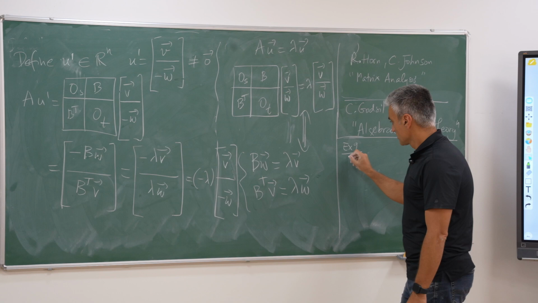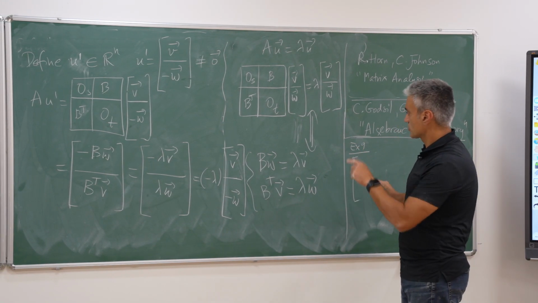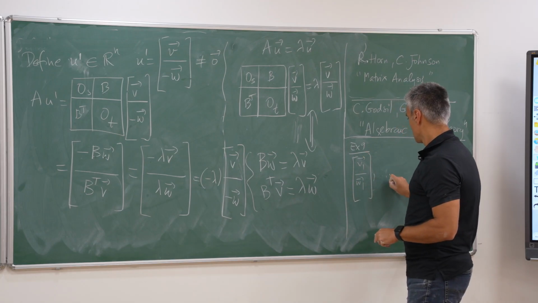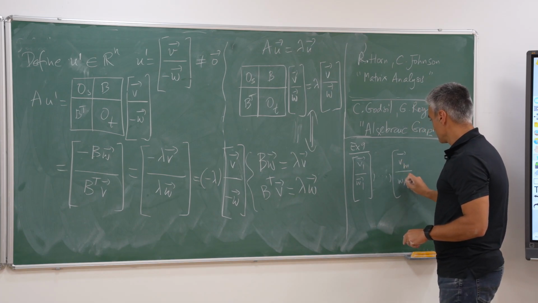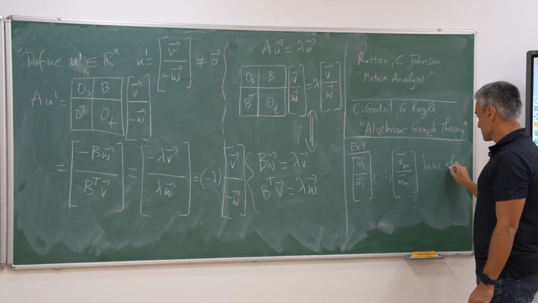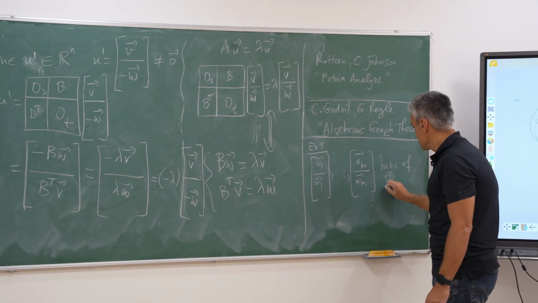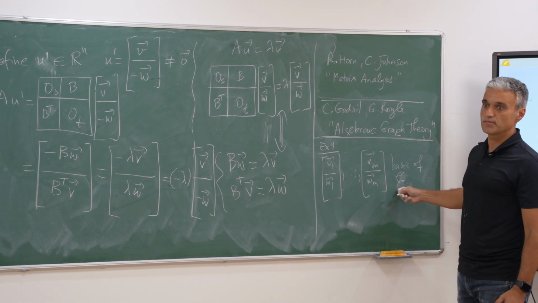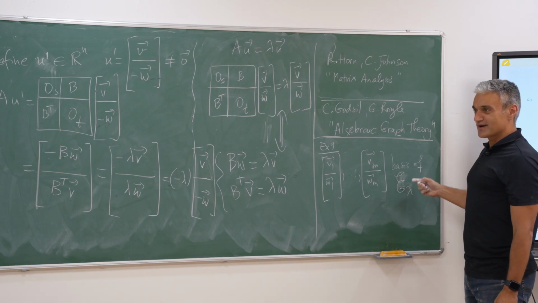Let's say I have v1, w1, up to vm, wm. Let's say this is a basis for the eigenspace of lambda. Let me call it fancy E of lambda, in LaTeX, \mathcal.